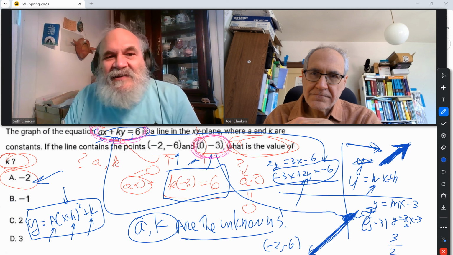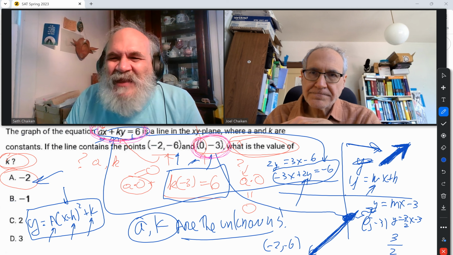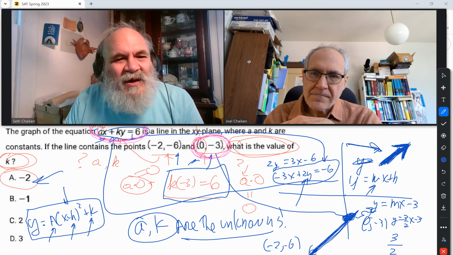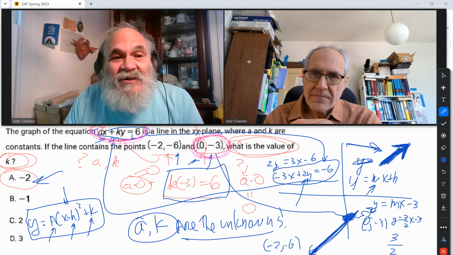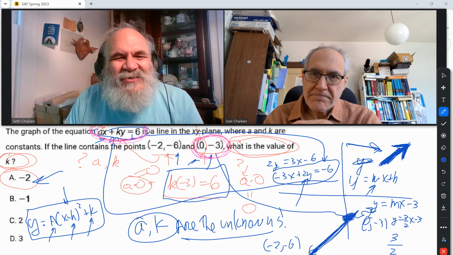I thought, okay, eliminate ax. That's my thought. But then I started staring at what information I was going to use for eliminating it, and at that point I noticed that this pair is special because the x was 0. And so I realized that you could just get ky equals 6.